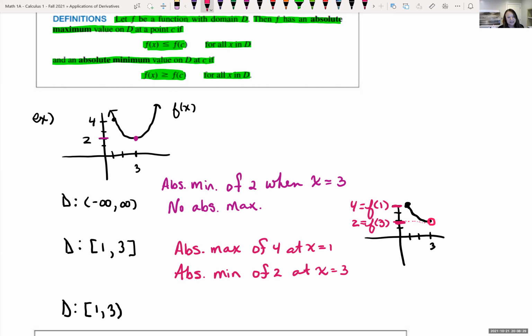But you could say no, I can get even closer to x equals 3, which would give me a smaller y value. We could keep playing that game forever. So there's no value that gives us an absolute min if we don't have that closed interval on our domain. We do have an absolute max.